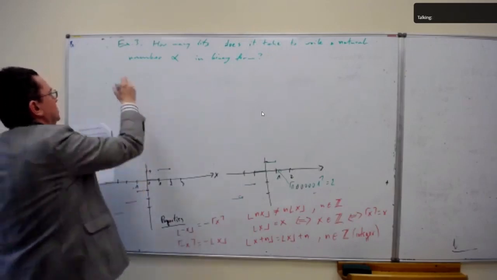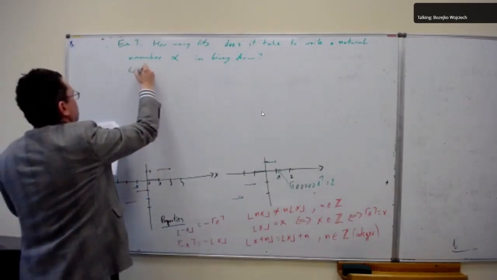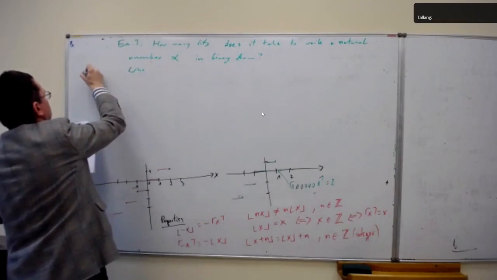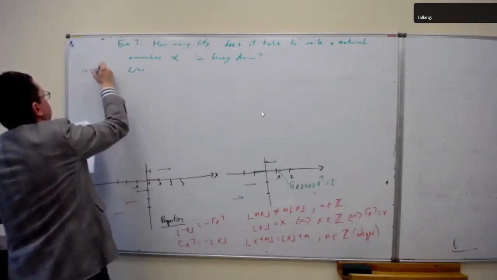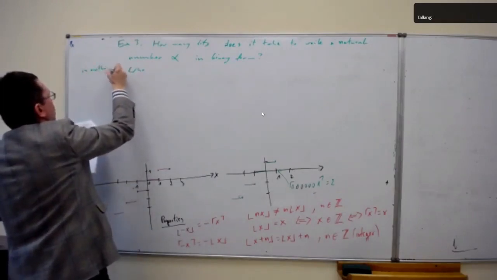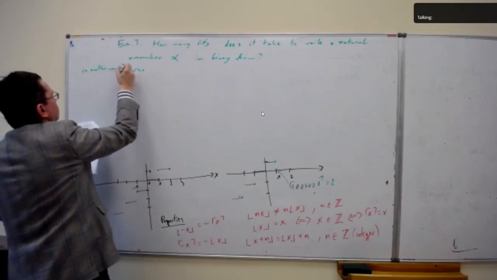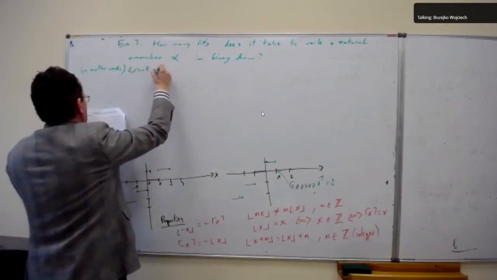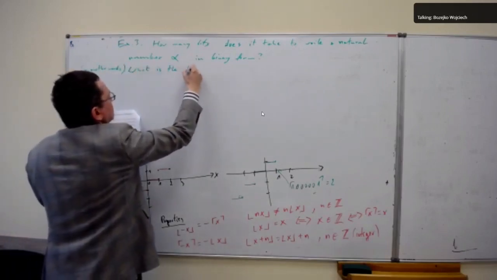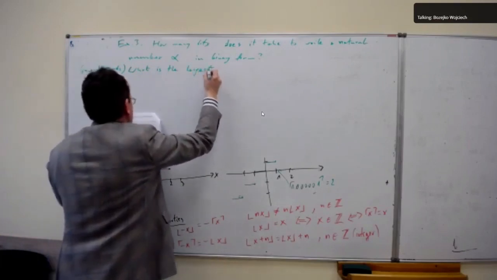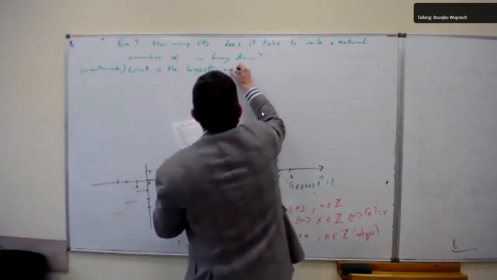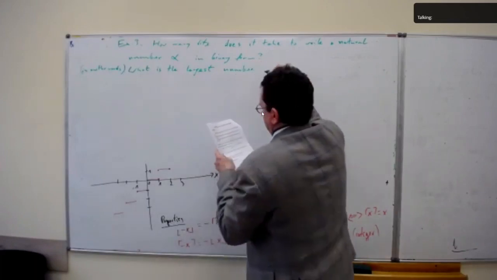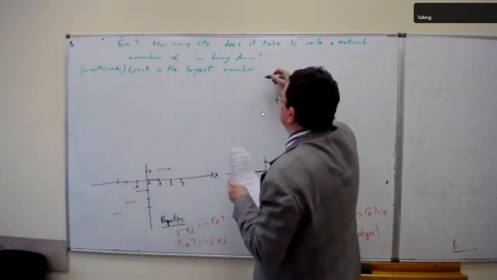Let's reverse the question. In other words, what is the largest number that can be written in n bits?